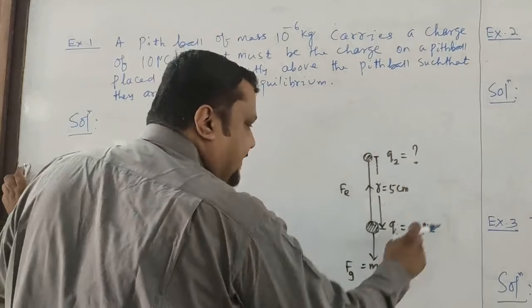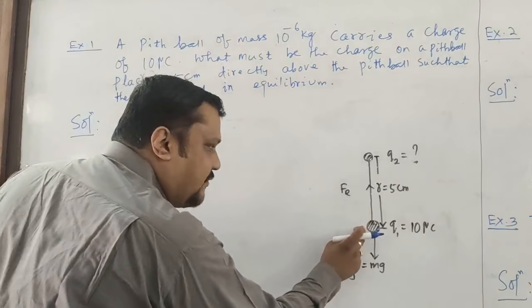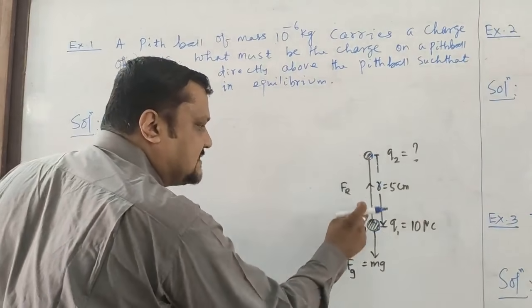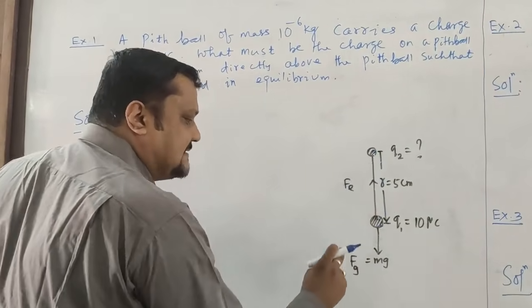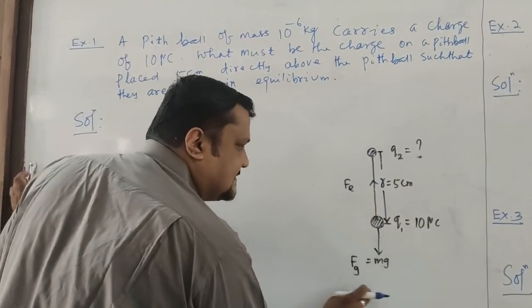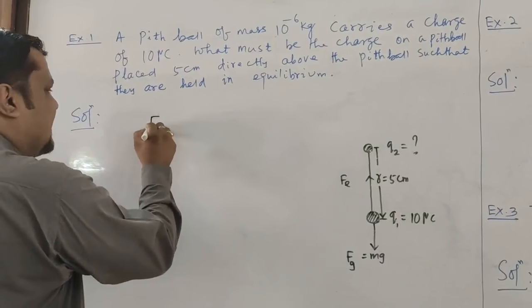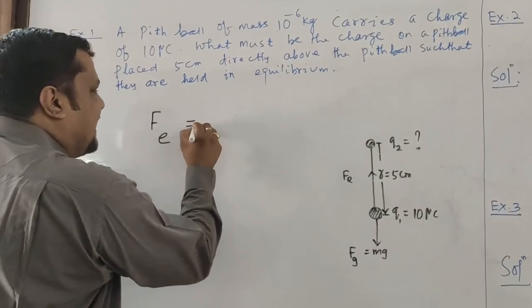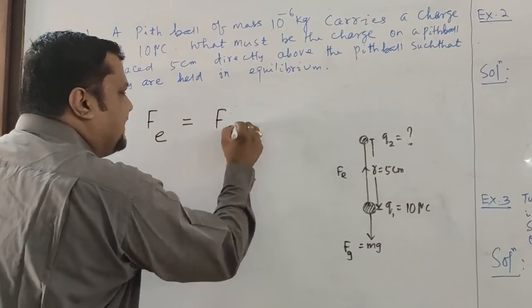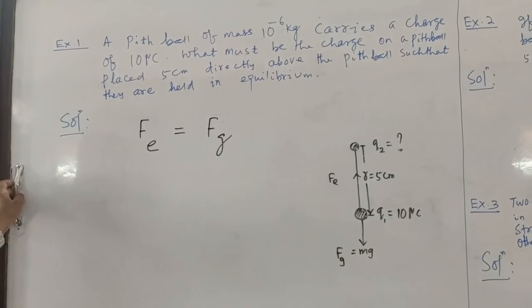So in that concept, to be in equilibrium, the electrostatic force between these two charges Q1 and Q2 should be balanced by the weight of this charged body. The electrostatic force Fe should be balanced by the force due to gravity.